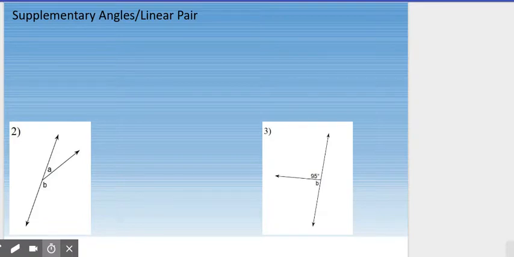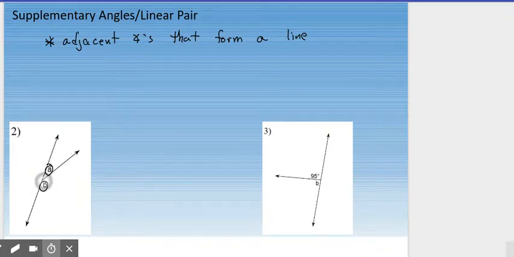Essentially, this is adjacent angles that form a line, essentially.